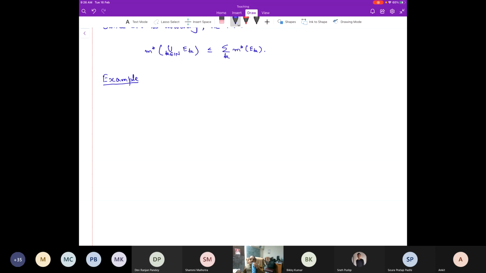How do you construct the Cantor set? We just remove the middle one-third part in each subinterval. Subinterval of 0, 1.